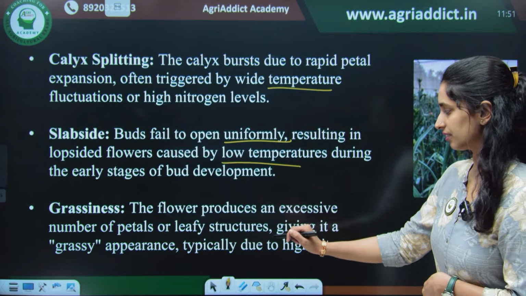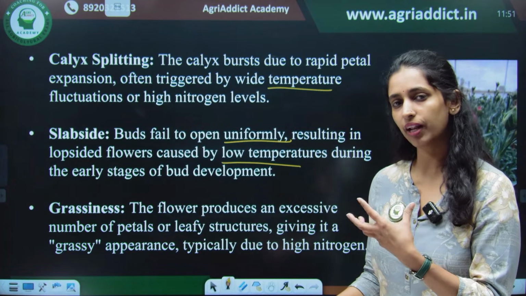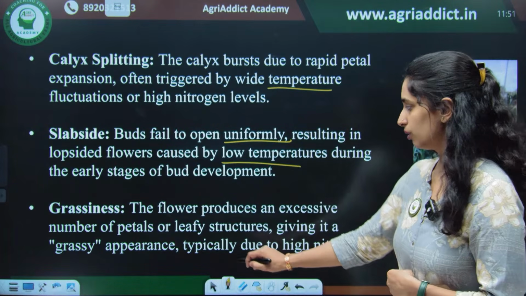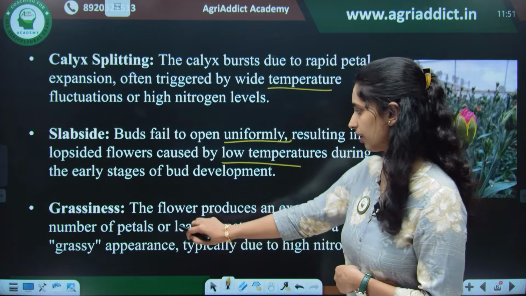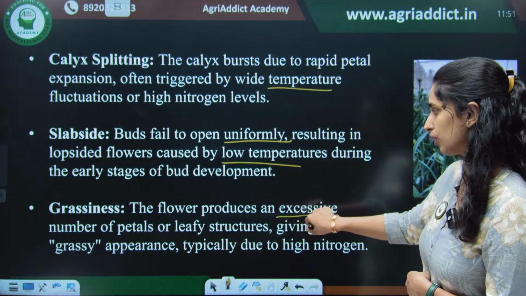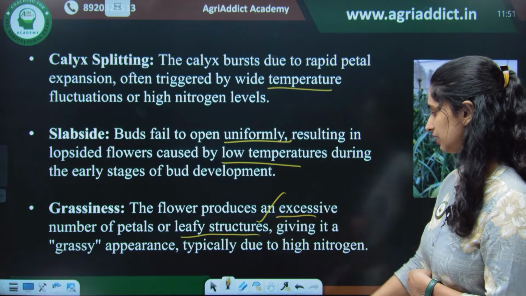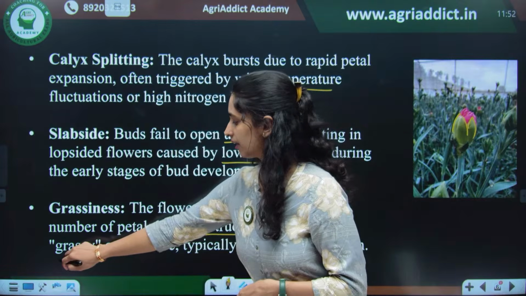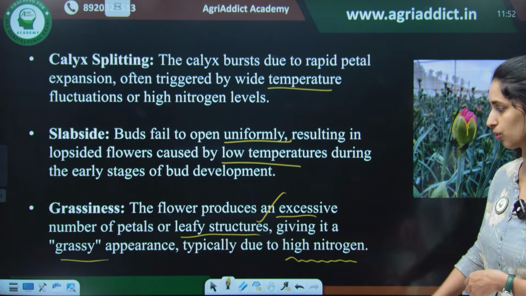And third, grassiness. Grassiness means the plant itself becomes like grass, meaning no flowers or buds come. The flower produces an excessive number of petals or leafy structures, mostly leafy structures. It looks like a grassy appearance because of high nitrogen.